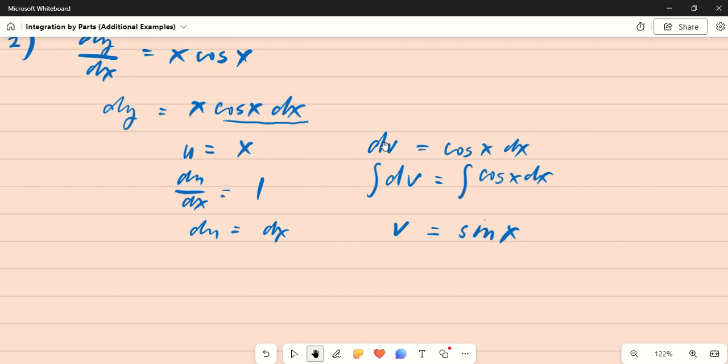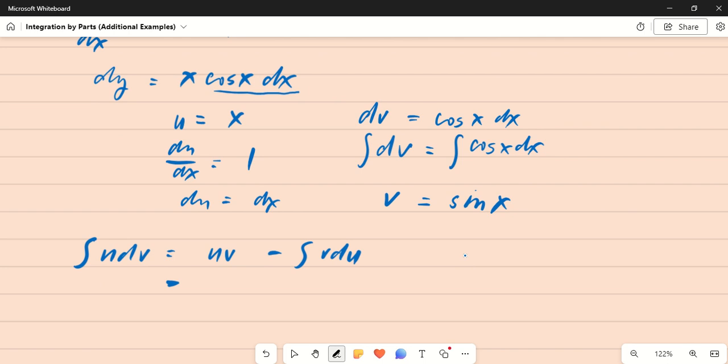Okay, now we are ready to apply the formula for integration by parts. So again, the integral of u dv is equal to uv minus the integral of v du. And in our solution, our u here is x, so you write it here, x, and our v is sine x, and then minus the integral of our v, which is sine x, and our du here is dx.